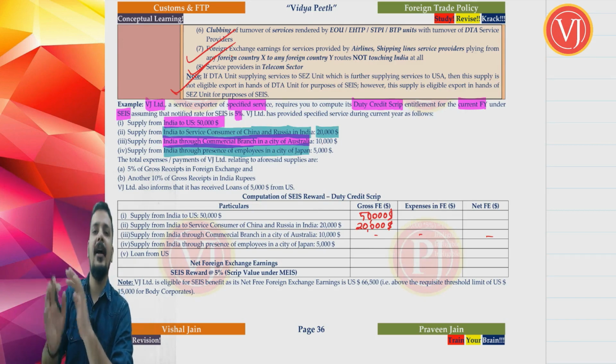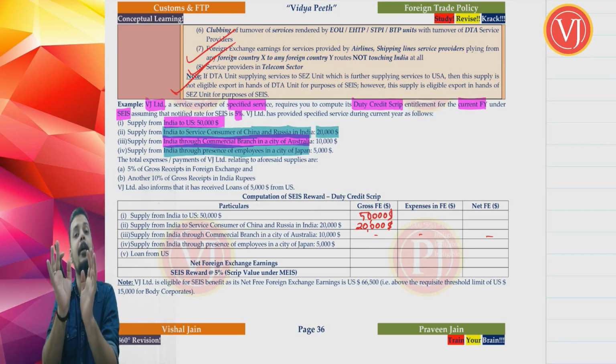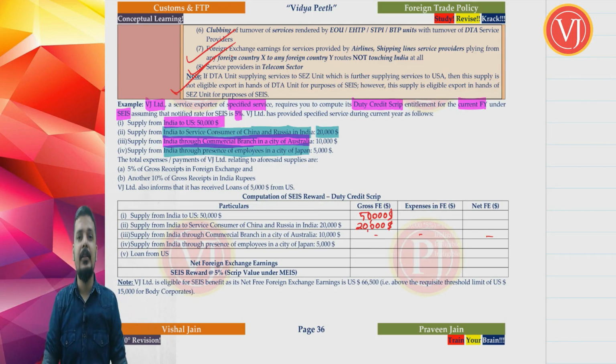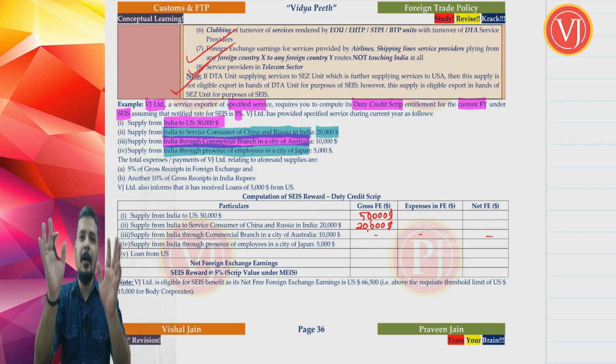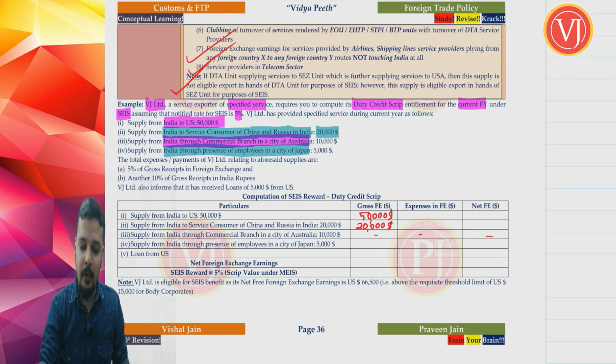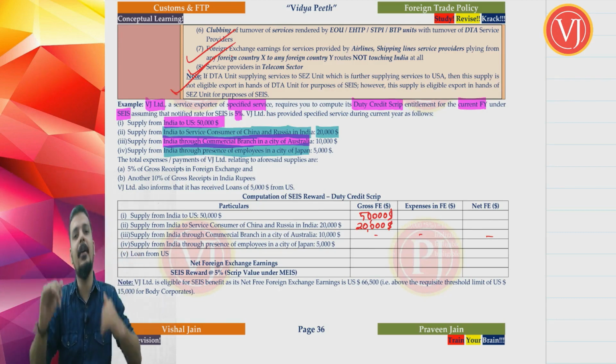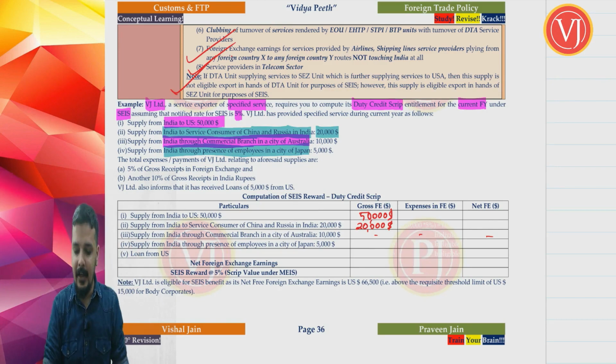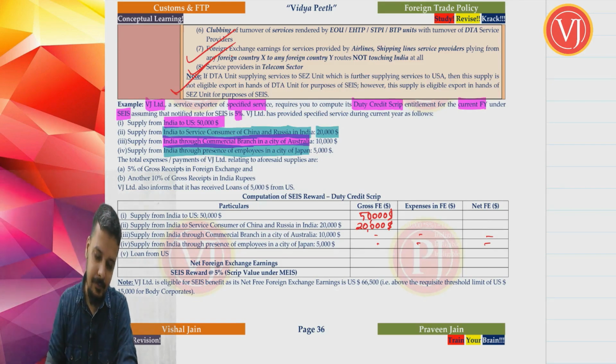Or you don't have any branch in Japan, but you have permanent employees in Japan providing services to a Japan client. Though you don't have any physical establishment, your employees are permanently there, even that will not be counted.